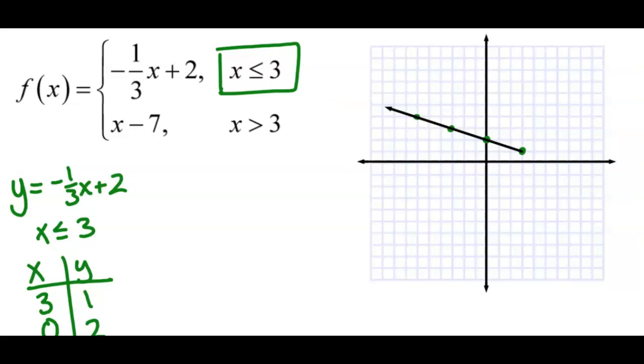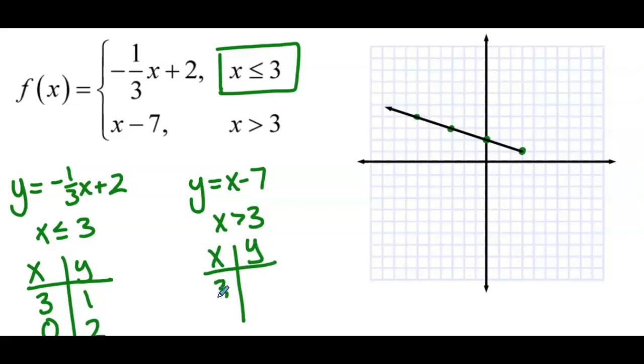And then we're going to graph the line y equals x minus 7 on the domain x is greater than 3. So again, table of values. We'll start at x equals 3. So that's going to output -4. And then we'll graph 4. No reason to get any crazier than that.